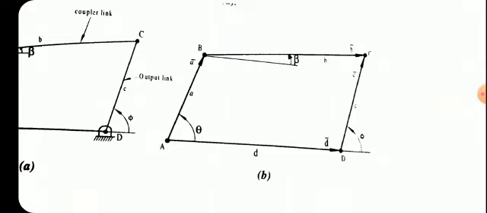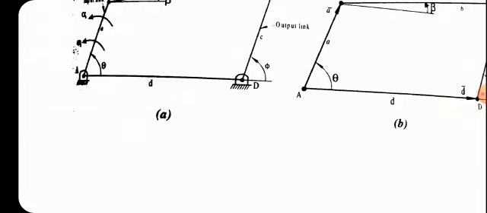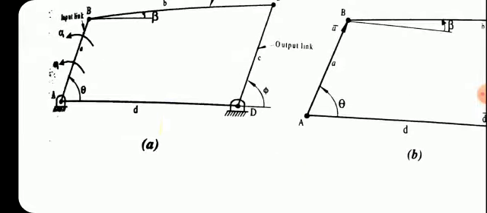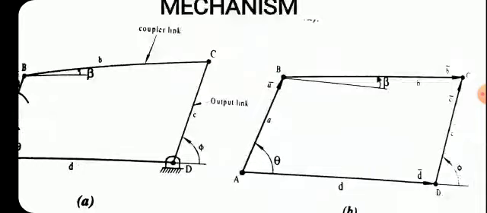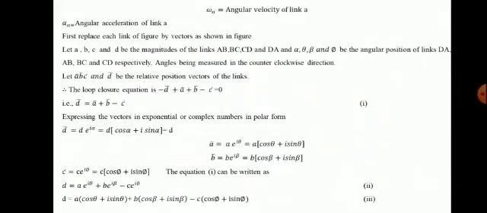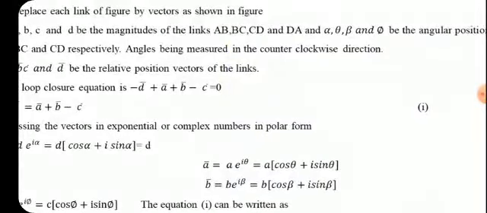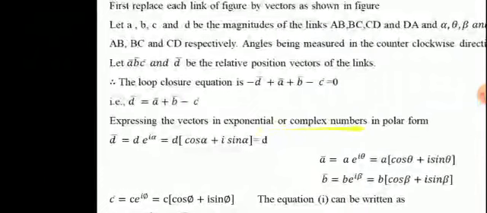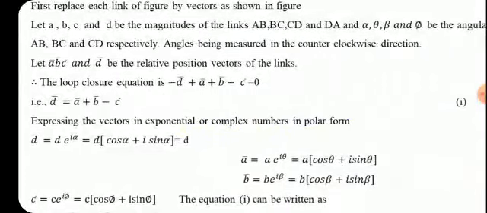Alpha, theta, beta and phi are the angular positions of DA, AB, BC and CD respectively, with angles being measured in the counterclockwise direction.